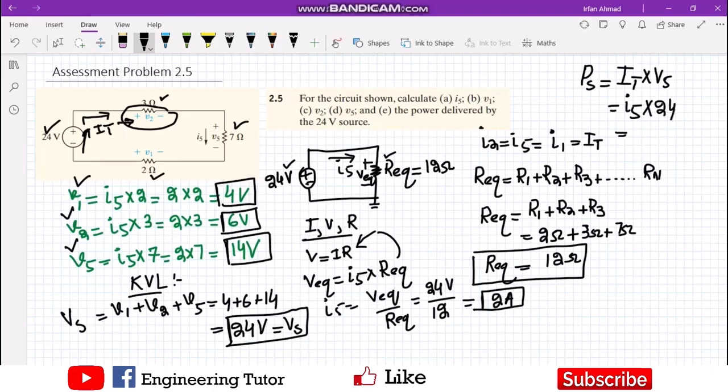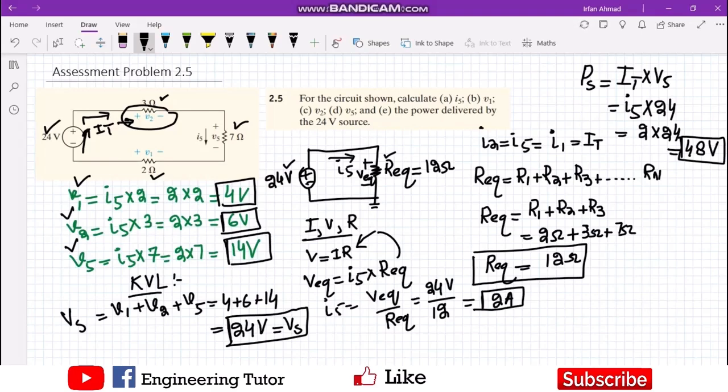We have found the value of I5, which is 2, multiplied by 24, so the supplied power is 48 watts.